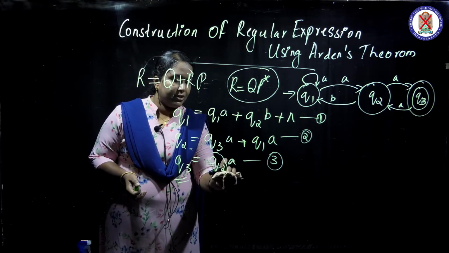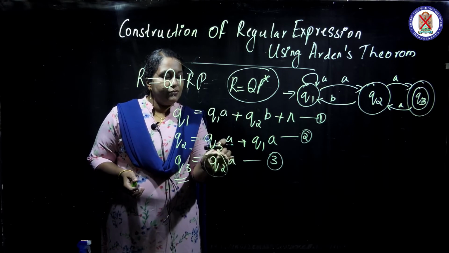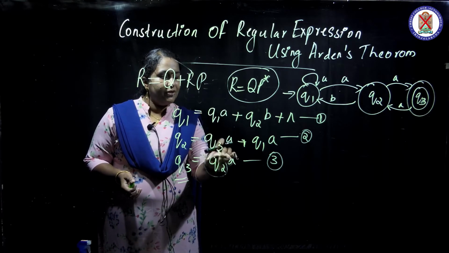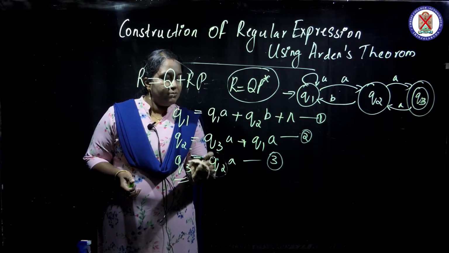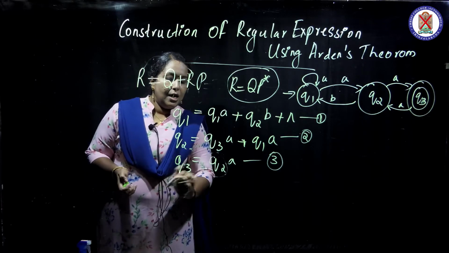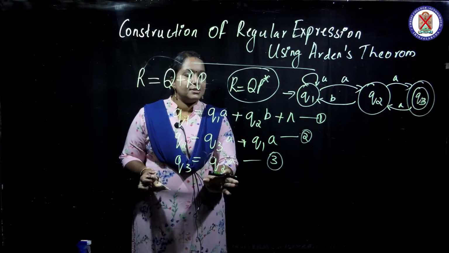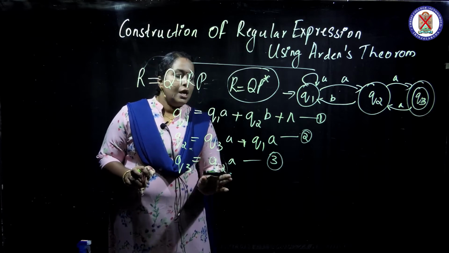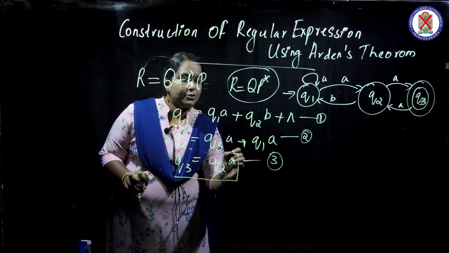There is a very simple trick, but it will not work for all problems. So we will see three different problems in three different videos. This is the first video. The first trick is to look at the smallest expression.